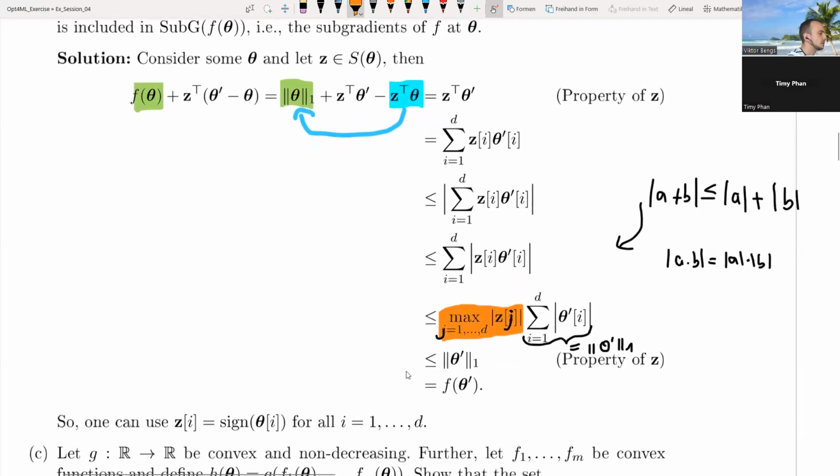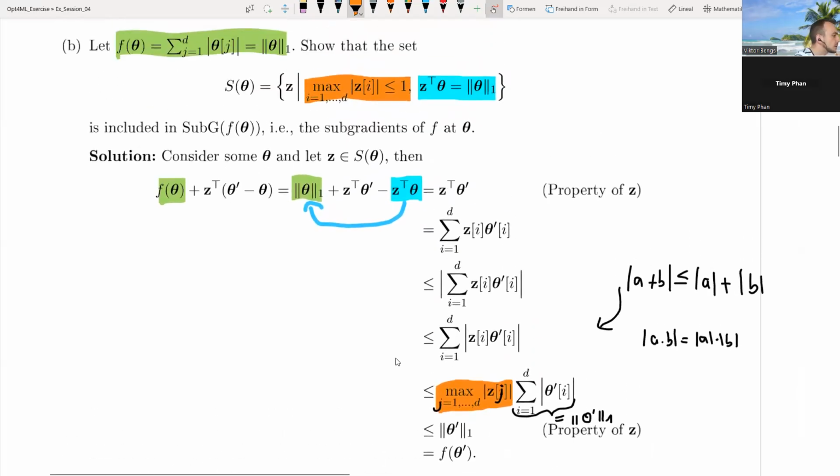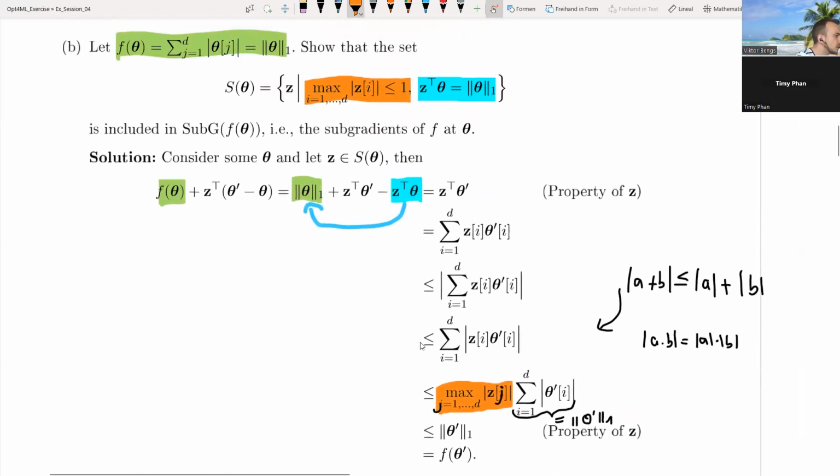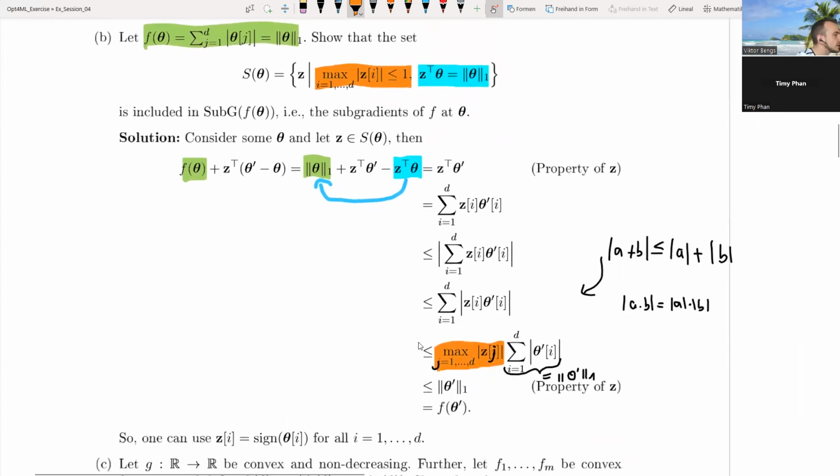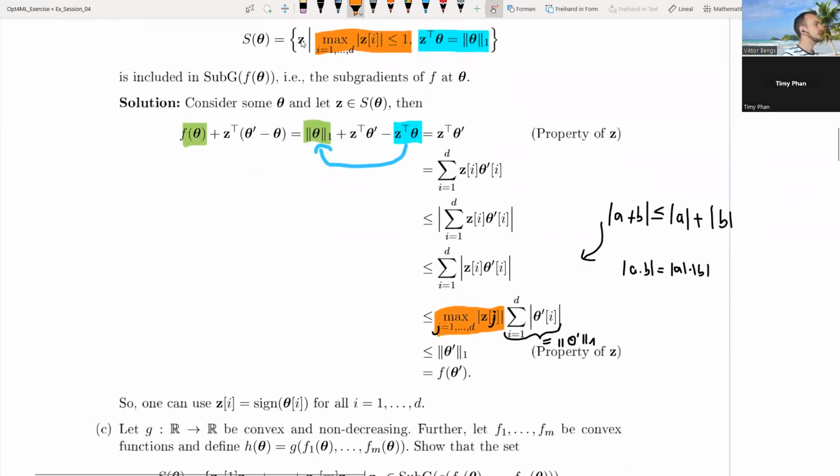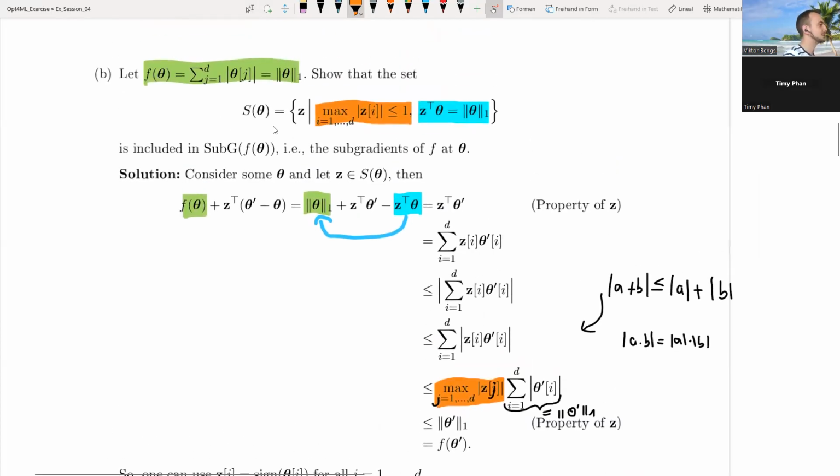And what is this now telling us? This is perhaps worth remembering for our practical exercise. It's telling us that for the L1 norm, we can always compute the subgradient by finding a vector z which is fulfilling these two properties, the orange and the blue one.